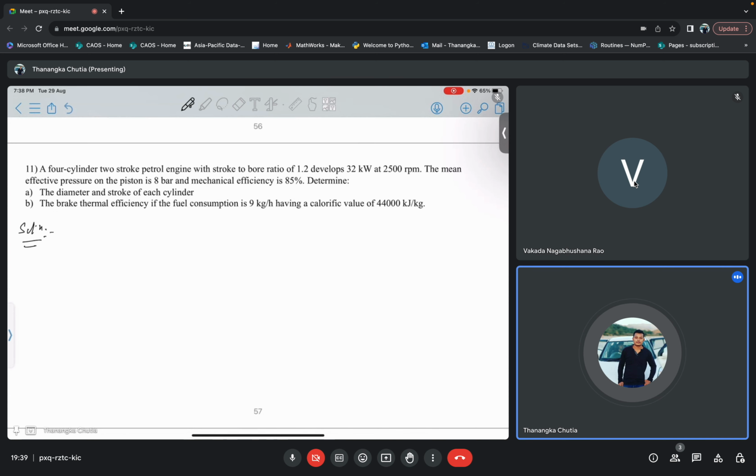so here again the number of cylinder I is equals to 4. Okay, it is a 2-stroke petrol engine. Okay, then what it is given that the stroke to bore ratio, that is L divided by D, is equals to 1.2, and it develops a brake power of 32 kilowatt.